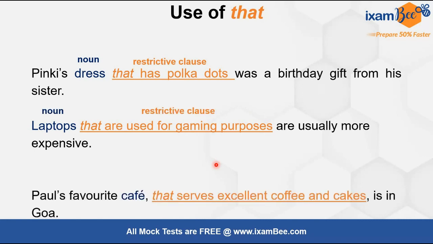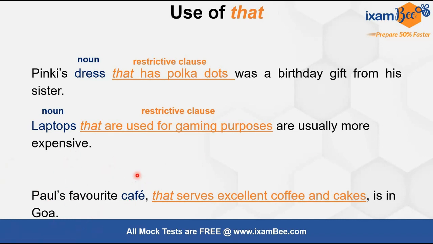Now, this sentence says, Paul's favorite cafe that serves excellent coffee and cakes is in Goa. There are certain words like favorite, unique, extreme, which are themselves superlatives. I mean to say that the favorite cafe can only be one. So if we remove this clause and say that Paul's favorite cafe is in Goa, there can be only one favorite ideally.